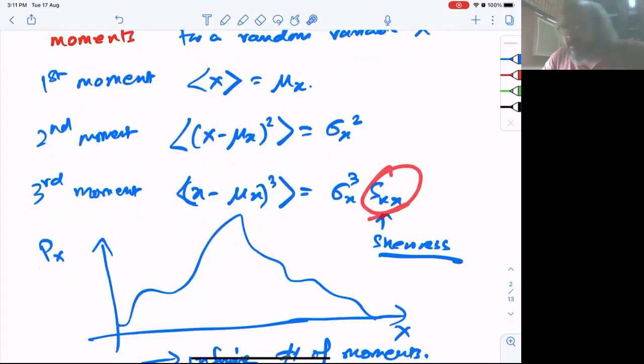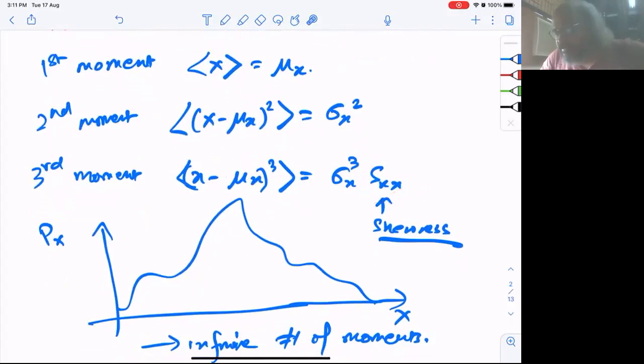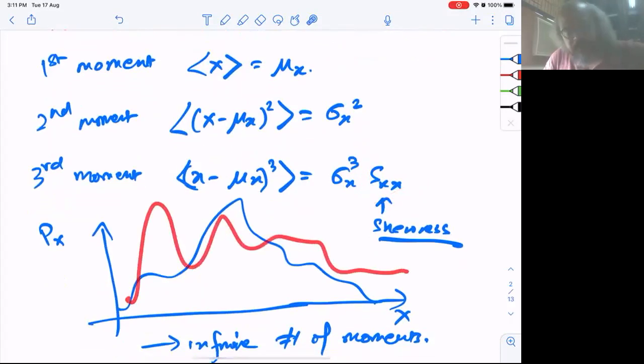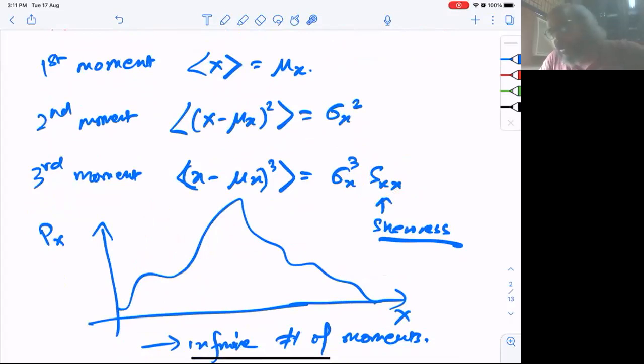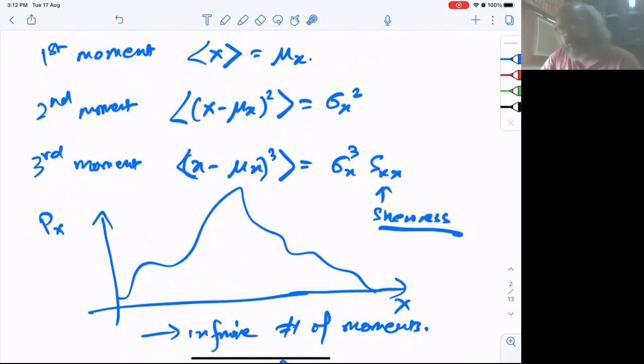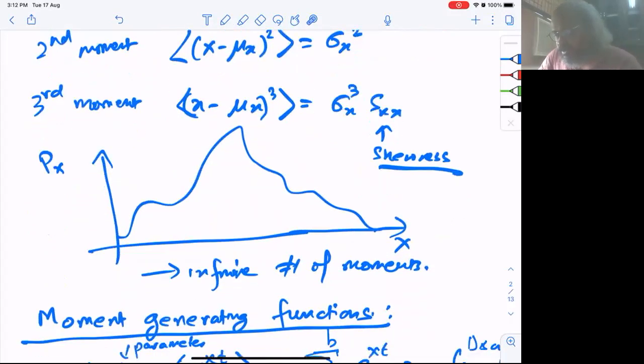In general, when you don't know anything, a system might have a very arbitrary probability distribution. It might not be Gaussian at all. It might be a multi-parameter system. You might need the mean, but also some sort of a median, a second peak, all these different pieces of information, higher and higher order moments. That's what you do as an experimentalist: you measure these moments, and from there you infer what your probability distribution is.